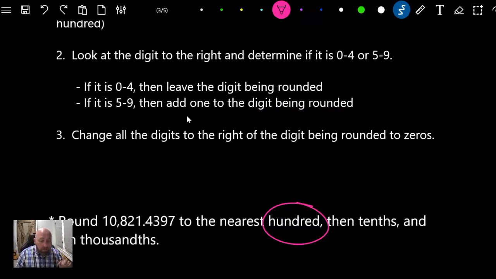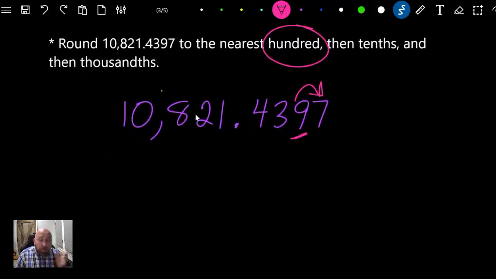Oh, interesting. This one's very interesting, and I wanted to show you this specifically so that you could see what to do when this happens. So if we add 1 to the number being rounded, which is the 9, then we get a 10. Well, you can't just stick a 10 in there. Here's what you do.